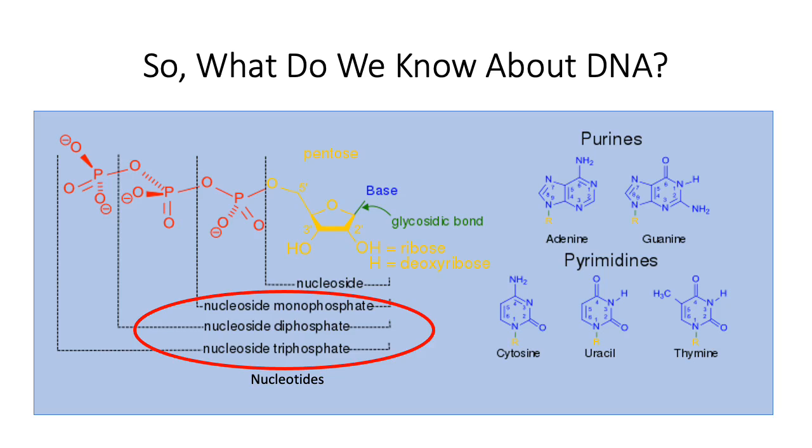Never 2 purines alone, never 2 pyrimidines alone, never other tuples of that. 2 purines and a pyrimidine, 5 purines and 4 pyrimidines. No. 1 purine, 1 pyrimidine, that's it. There is no spectrum of purine-pyrimidine identity. This is one of the few cases in biology where there is a binary dichotomy.